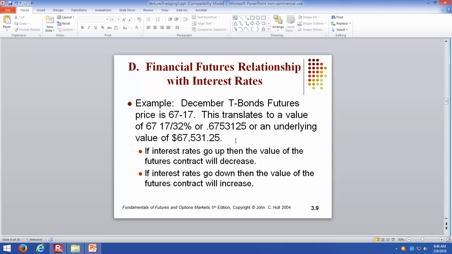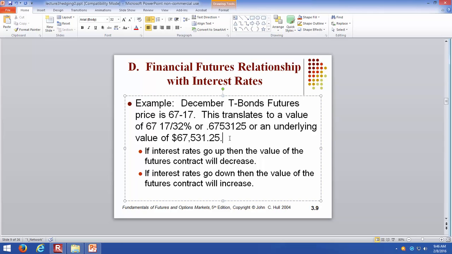So we are assuming that is a bond with a face value of $100,000. So if interest rates go up, the value of the futures contract will decrease, and if interest rates go down, the value of the futures contracts will increase.